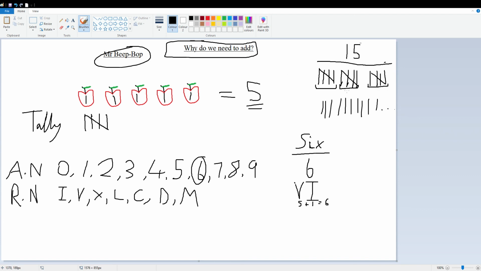So this looks a lot like our 5 times table. Basically it's 5 plus 5 plus 5. And that is how we make the 15 up here.